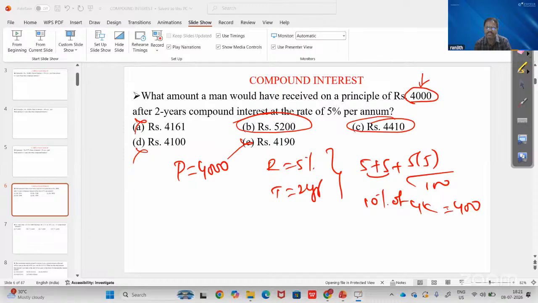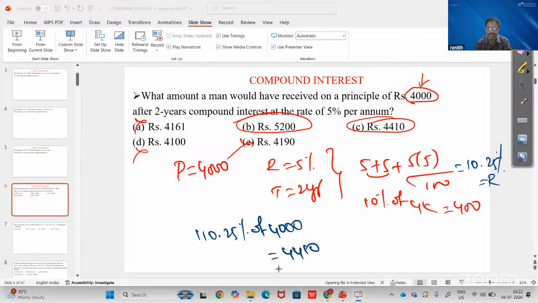So 5 plus 5 plus 5 into 5 by 100 will be equal to 10.25, where R equals 10.25 percentage. Then the amount will be equal to 110.25% of 4,000. Then the value will be equal to 4,410 rupees.